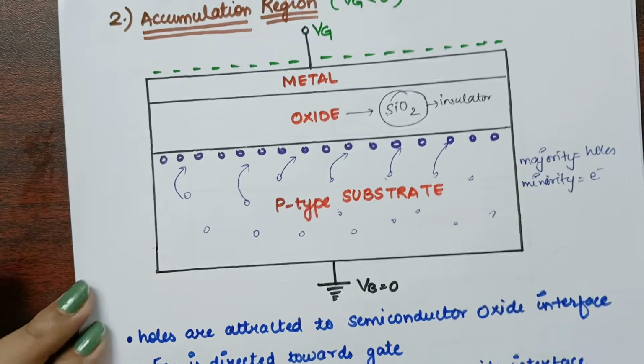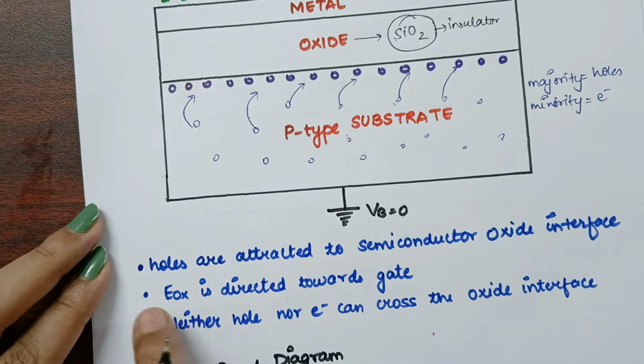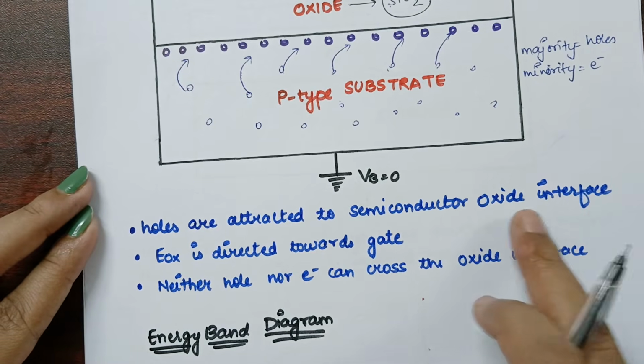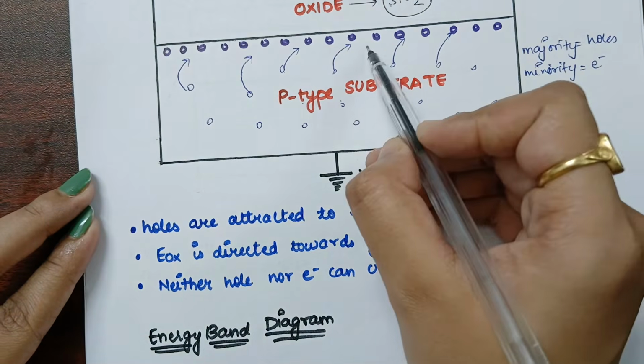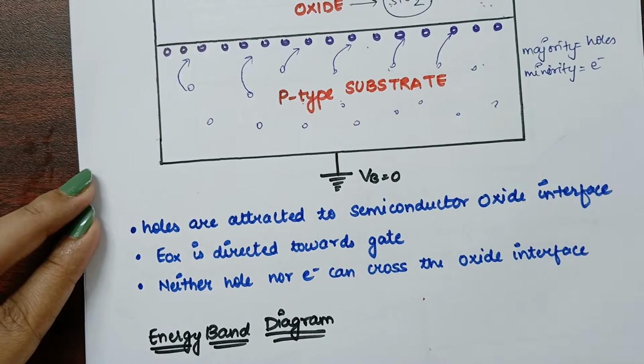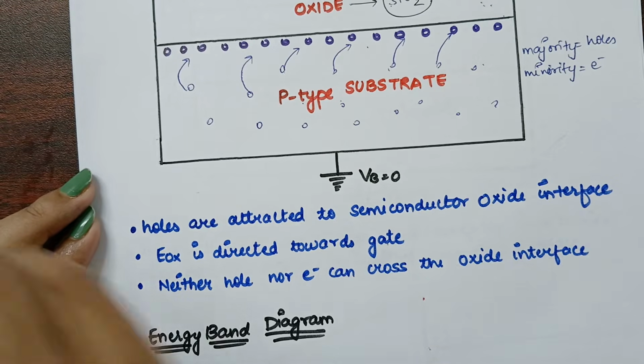So this is all in the accumulation region. Here the holes are attracted to the semiconductor oxide interface. Here holes are attracted to the oxide and substrate interface. And what you will observe here is that there will be an electric field directed towards the gate terminal.